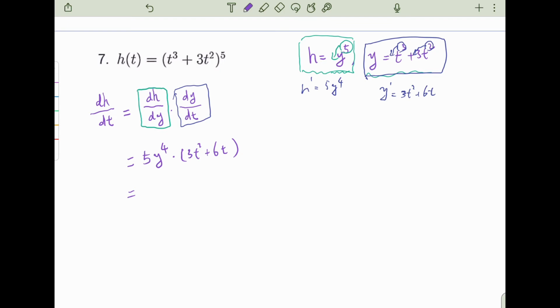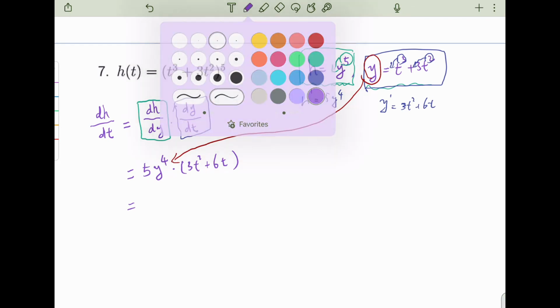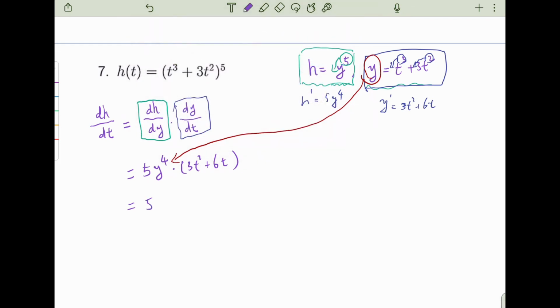So you will need to replace this y with the original expression in terms of t. So it's written as 5 times (t to the 3 plus 3t squared) to the 4, times (3t squared plus 6t). And that is how the chain rule works.